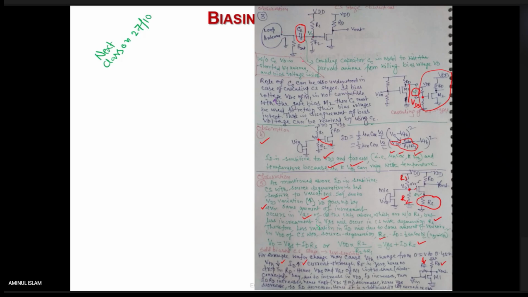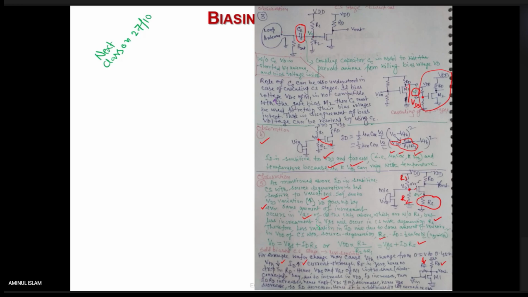You want to increase gain by cascading more stages. So in that case, the output of one has to be connected to the input of another one. Here is the diagram. The first one is driving the second one. Input of the second one is the output of the first one.